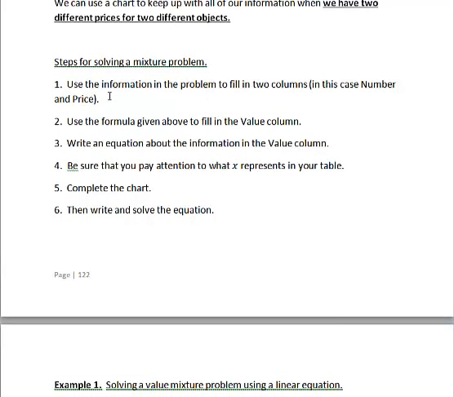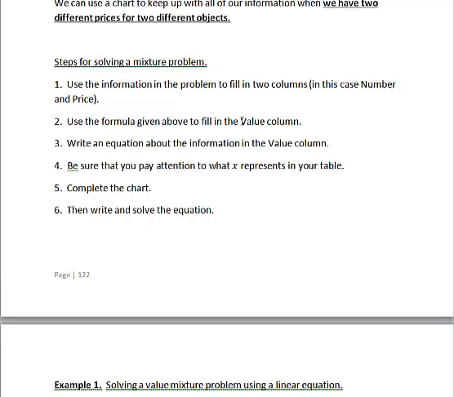So here are the steps. Our first step is to take the table, and we're going to use a table to organize the information in the problem. And we're going to fill out two columns, the number and price column. One of them will have to use a variable to complete, and so once we get the two columns completed, we multiply them together to get the value column.